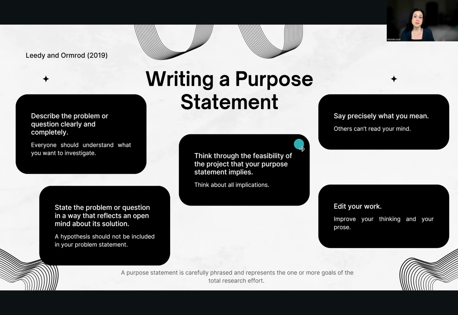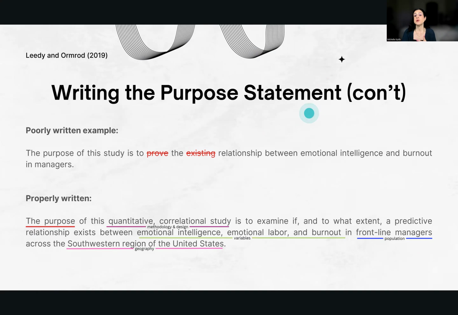Now I want to take an example and show you a poorly written example and a properly written example. I'm just going to use this burnout theme that I've been on. A poorly written example could be: the purpose of this study is to prove the existing relationship between emotional intelligence and burnout in managers. So a couple of things. I have the strikethrough on prove.